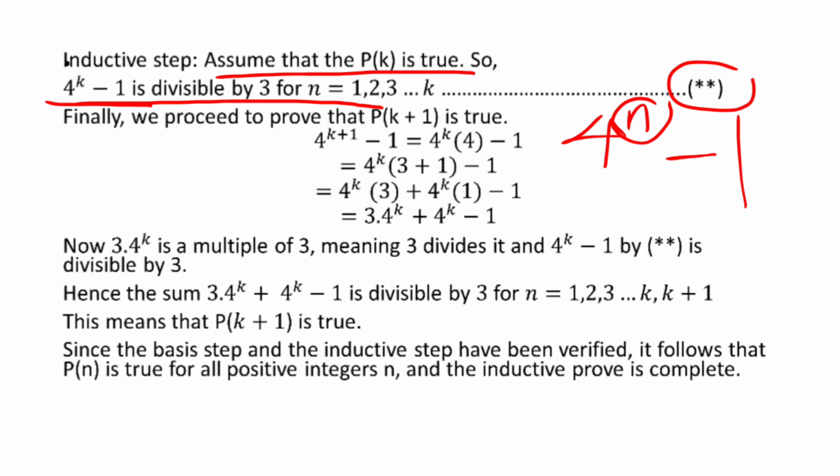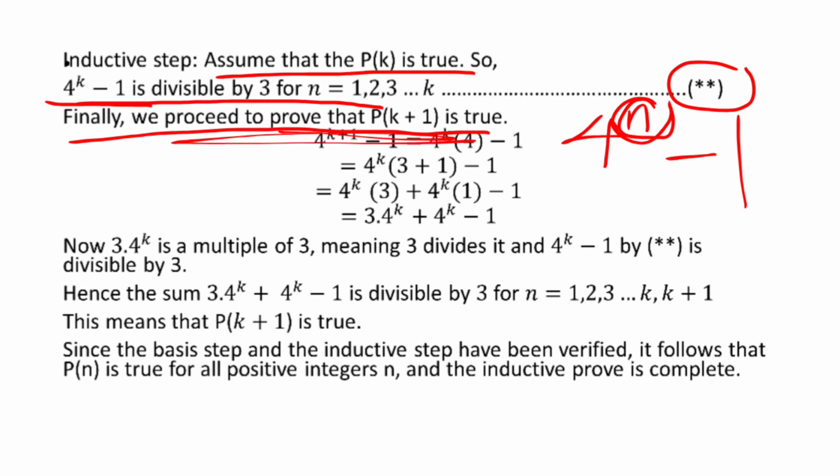That's why we have labeled it, just like we labeled the previous one we had for the sum, right? So we then proceed to prove the next step, which is for Pk plus 1. Wherever we see n, we're putting in k plus 1.